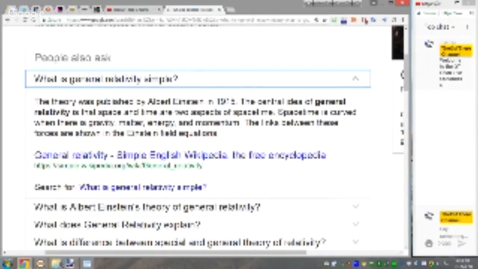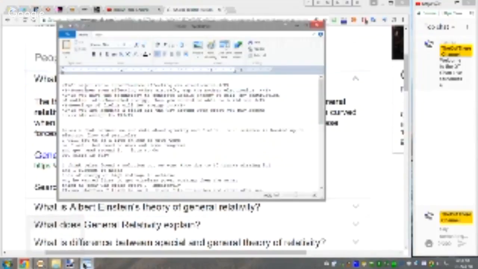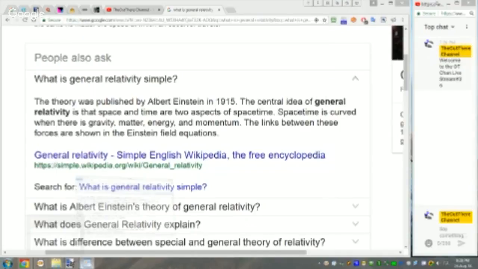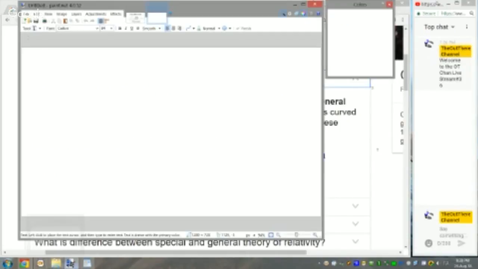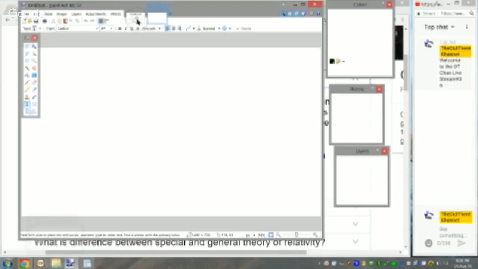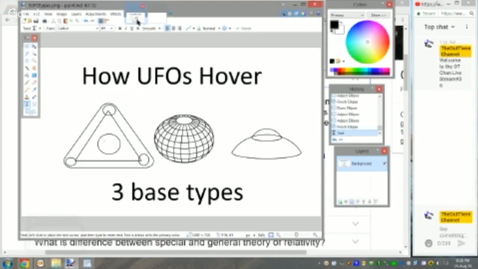So in the diagram that I had here, as I said, it's going to get complicated. UFOs hover. We've got three base types. And the shape of the craft are key to how they would possibly hover and float due to fields.